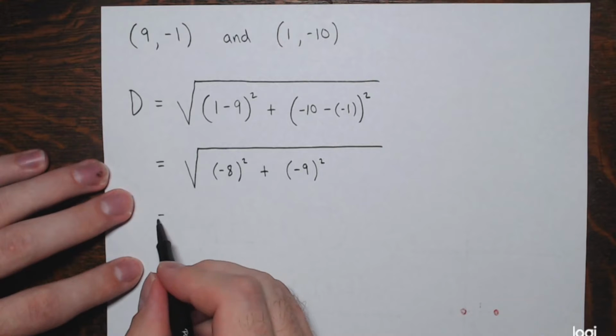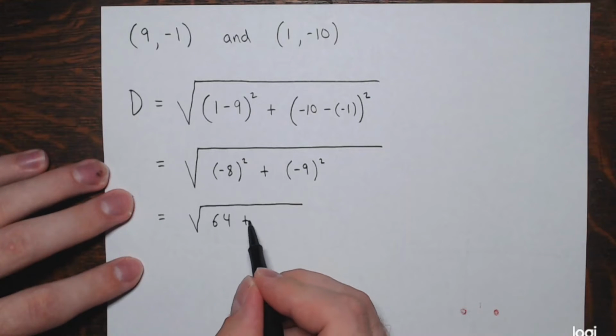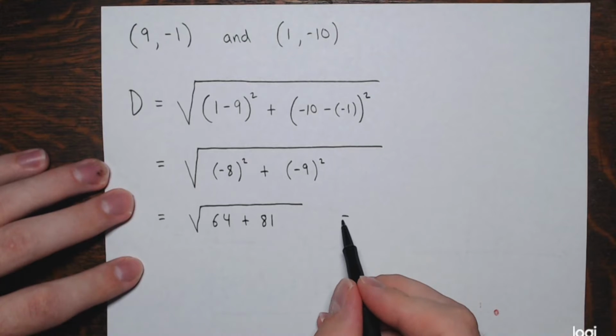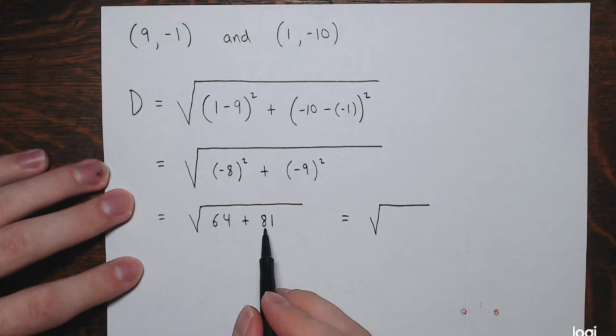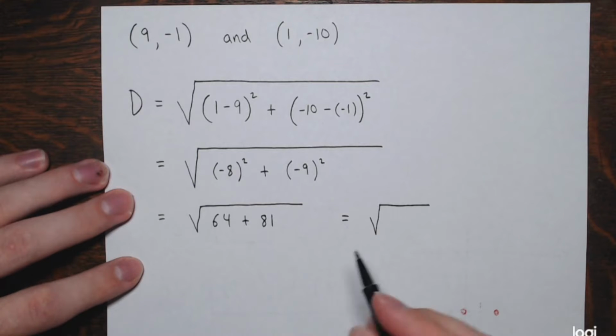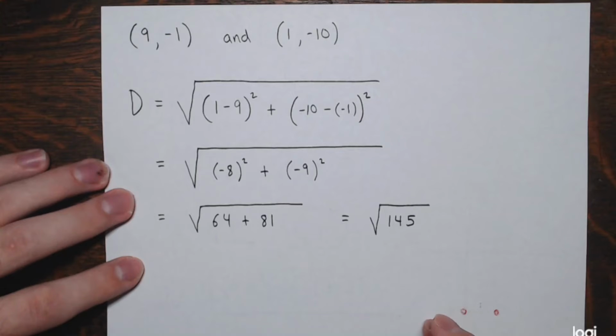Right? So this ends up being the square root of 64 plus 81, which is the square root of 145. Now let's see, that breaks down, that's 5 times 29, and 29 is prime. So there are no perfect square factors in this.